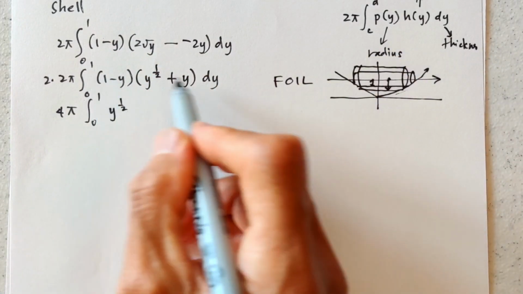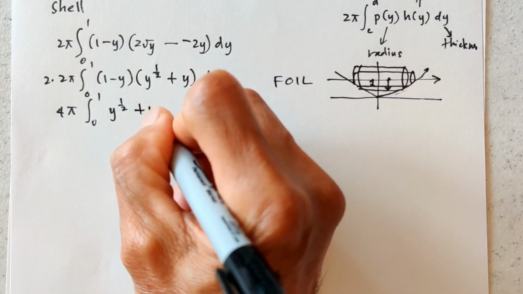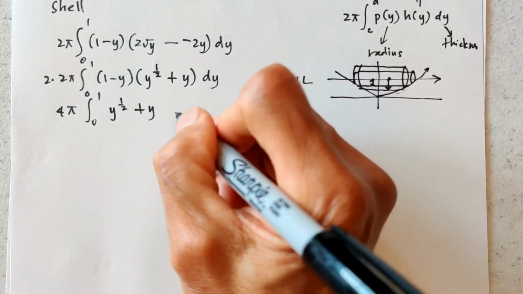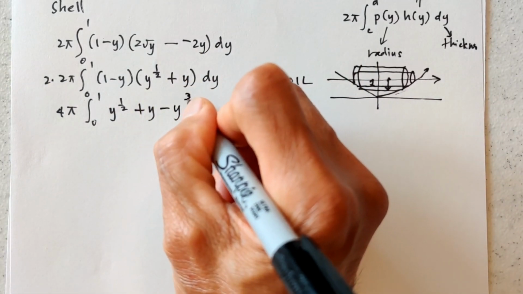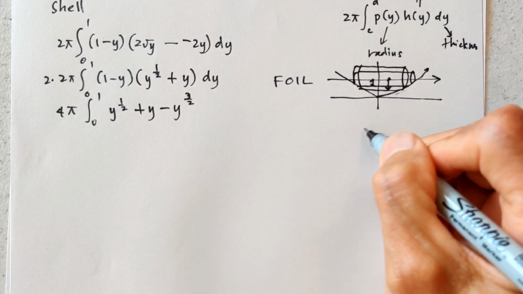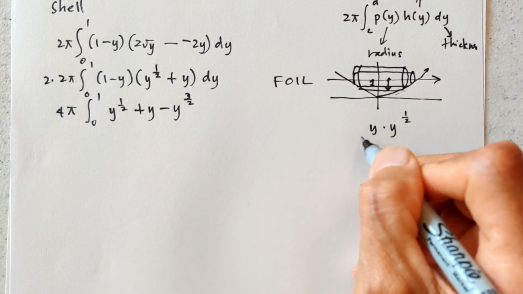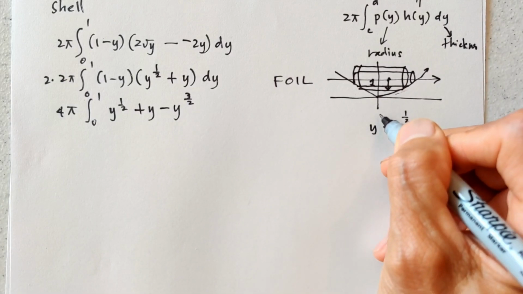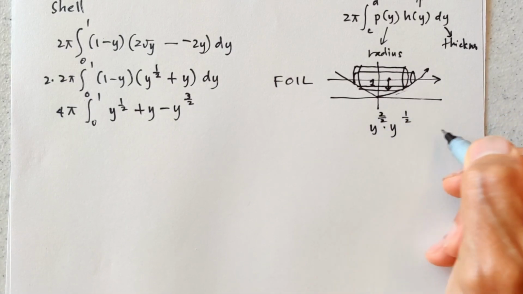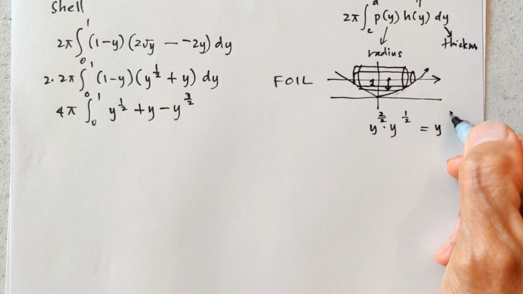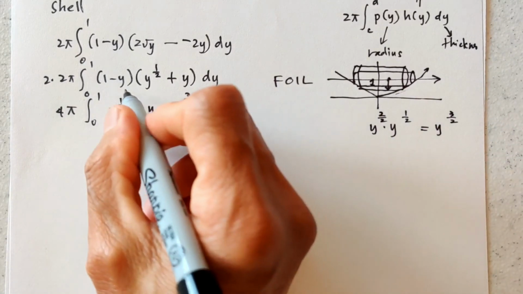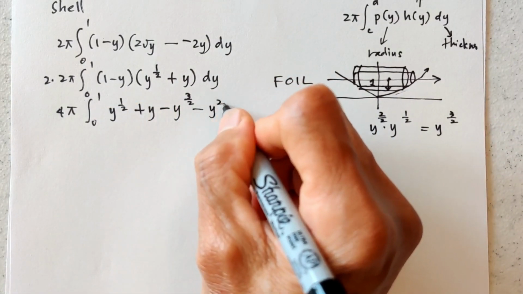The outer terms, 1 times y is y. The inside terms, that's negative y to the 3/2. Why is that? Well, y times y to the 1/2, this y is understood to have a power of 1 or 2/2. And so when you add the exponents, you're going to get 3/2. And then finally, minus y squared dy.